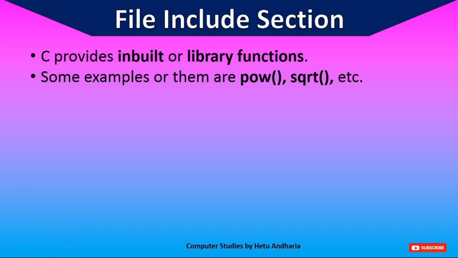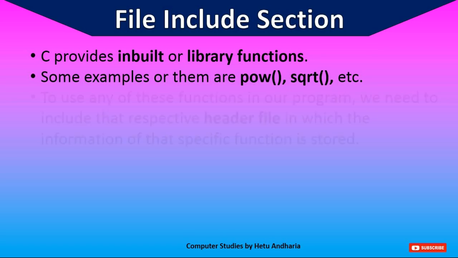If we go to the flashback, we can remember that in the Microsoft Excel program we had seen so many functions such as sum, average, mean, max, so many functions I had taught you, if you remember. So here in C language also there are so many functions.